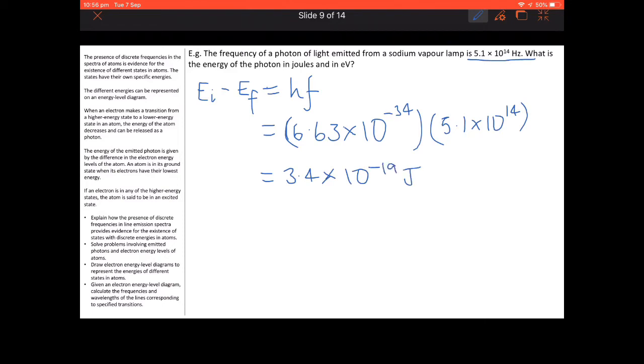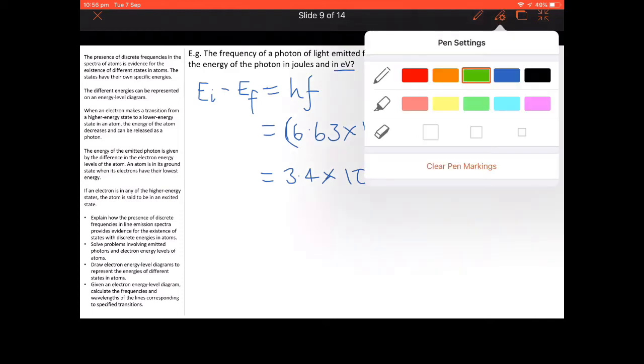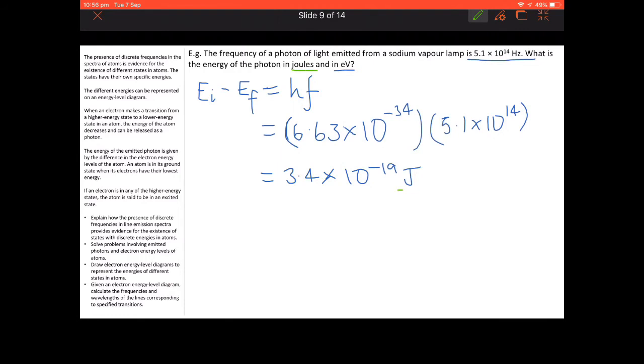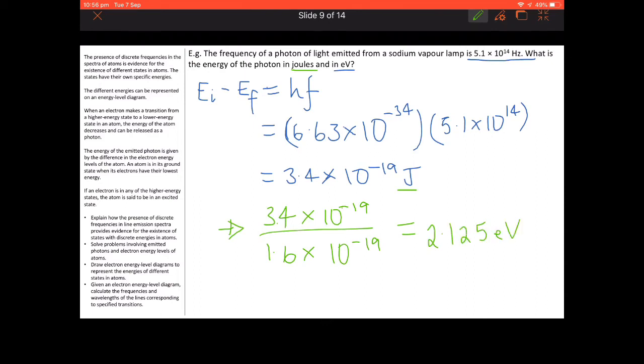If we then wanted to convert this to electron volts, so we've found the energy in joules, we just need to find it in electron volts now. We just have to divide 3.4 by 10 to the negative 19 by 1.6 by 10 to the negative 19, and that's going to give us 2.125 electron volts.